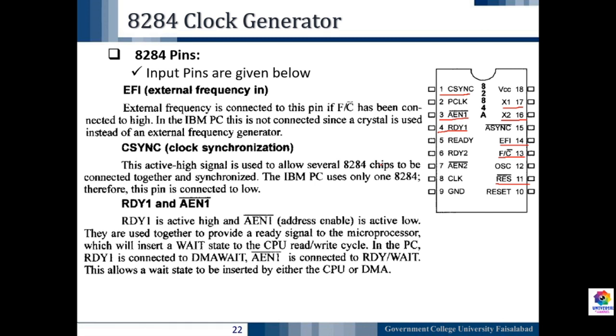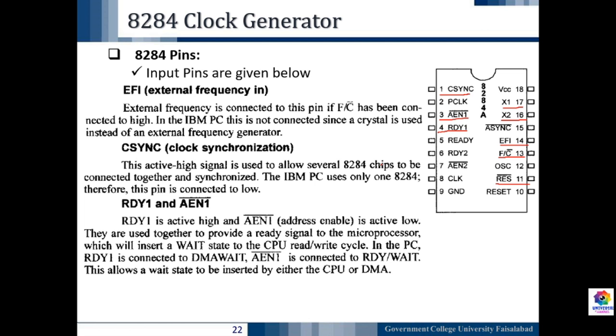Ready 1 is active high and address enable is active low. They are used together to provide a ready signal to the microprocessor, which will insert a wait state into the CPU read or write cycle.